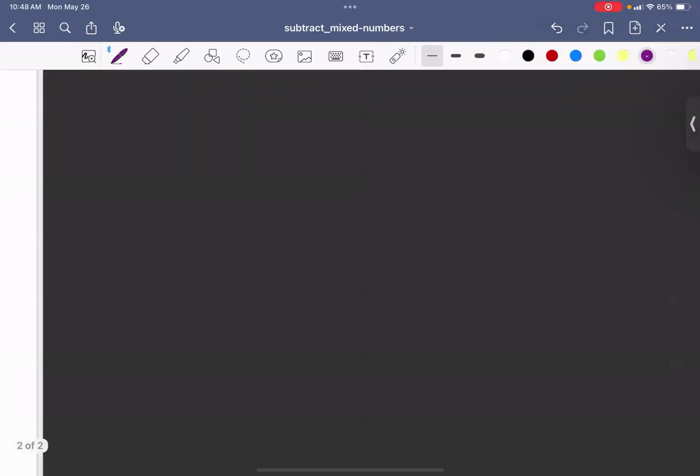Now let's do some where you have a mixed number on top that's smaller than the mixed number on the bottom. So let's say we have 5 1/3 minus 2 4/5.